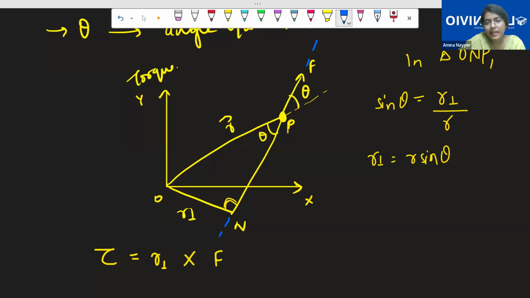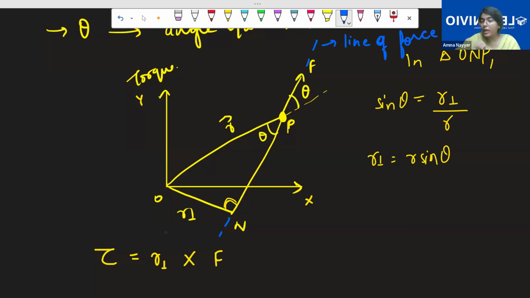Now my radius is lying at some angle theta that is not 90 degrees. So you can drop a perpendicular to this line of force wherever needed. That is the R perpendicular.